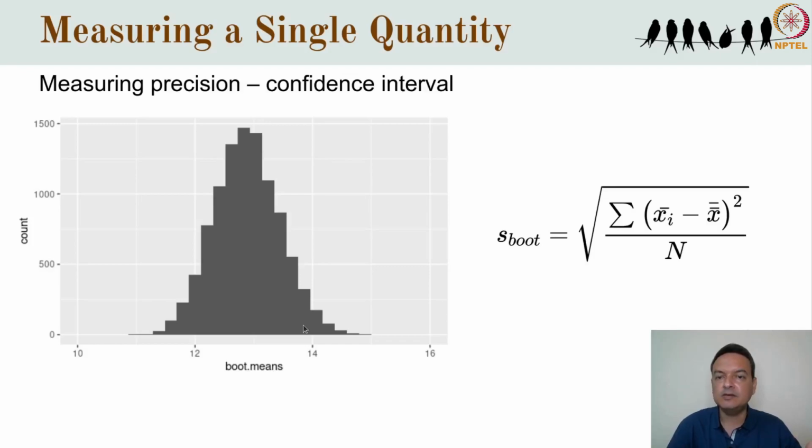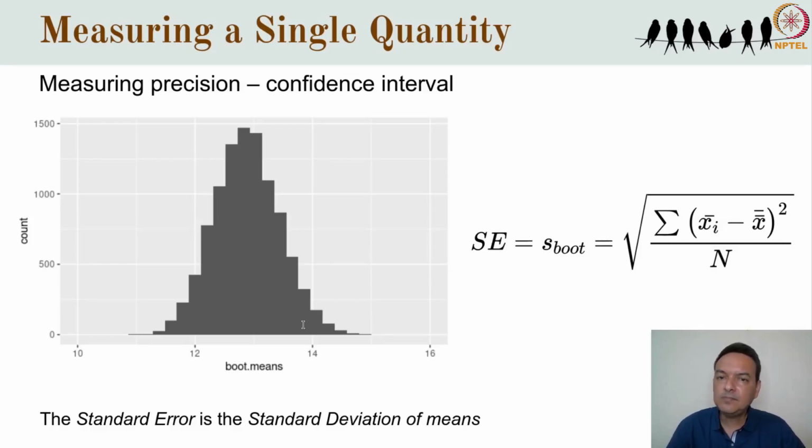We can calculate the root average square deviation from the mean, otherwise known as the standard deviation. In this case, the overall mean is the mean of bootstrap means, and we are looking at the deviation of each bootstrap mean from the mean of bootstrap means. Remember that the bootstrap means represent different possible outcomes we could have got if we had sampled another random set of data. And the bootstrap frequency distribution represents the range of those possible outcomes.